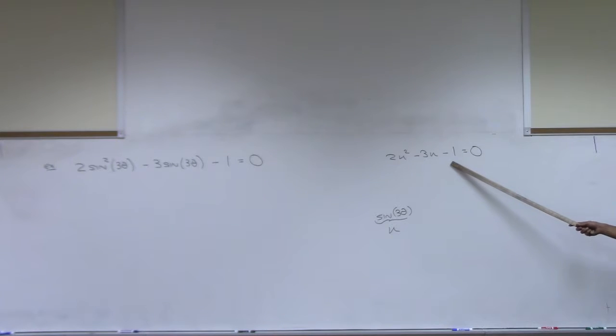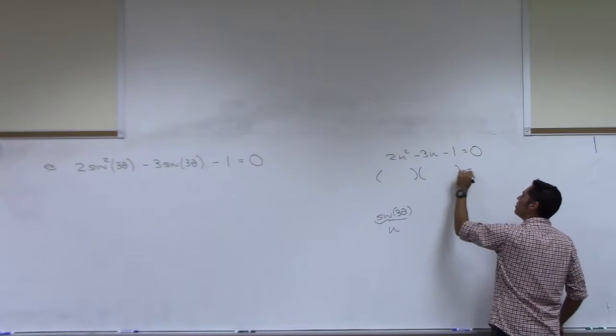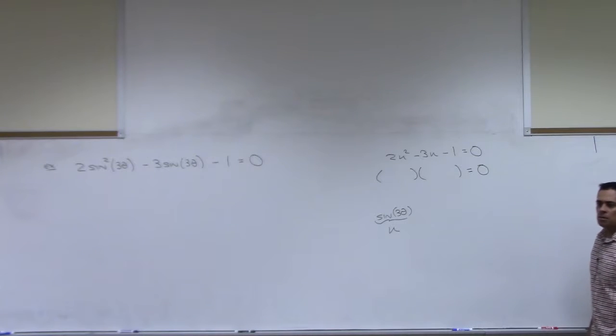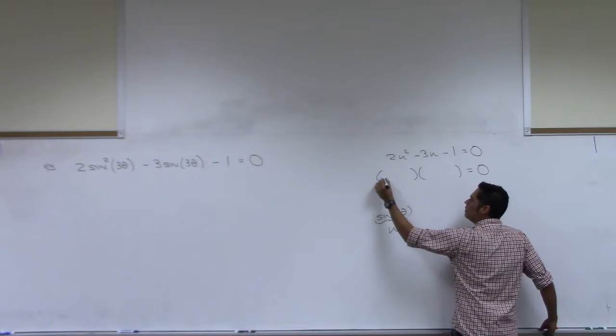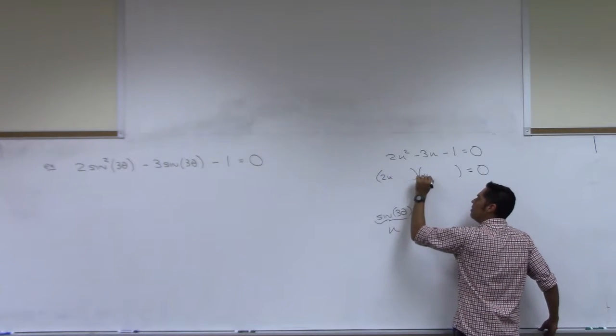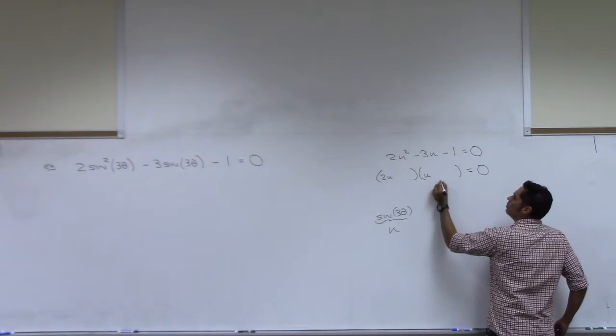And if you were looking at this quadratic equation and were asked to solve it, you would factor that. This is a quadratic trinomial. You would try and break it down into 2 parentheses like this, wouldn't you? What would those be? 2u here, u here. Minus 2u, wait, minus u.